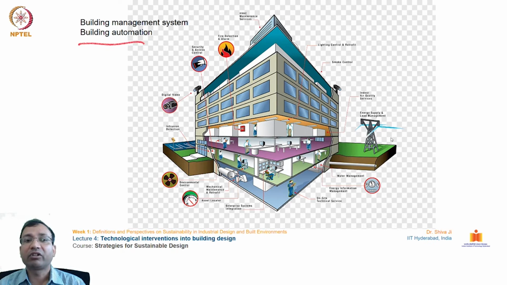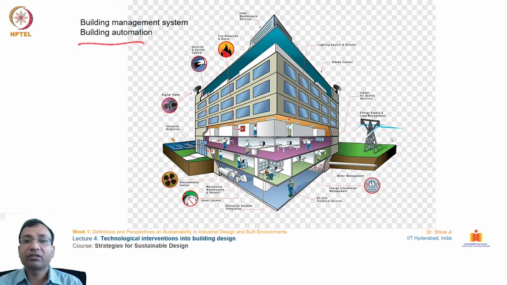We can install water management information systems and energy management information systems. We can have our own on-site technical and service team, which will keep moving around and reporting on such activities, and if there is any need, they can rectify it.